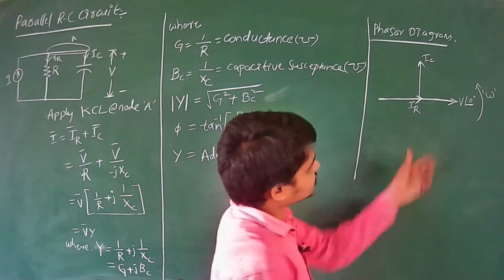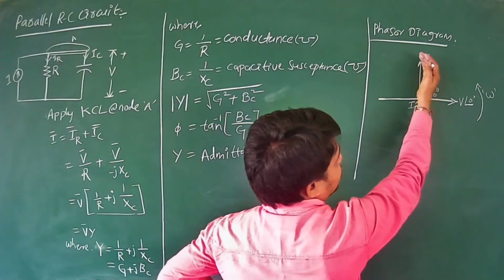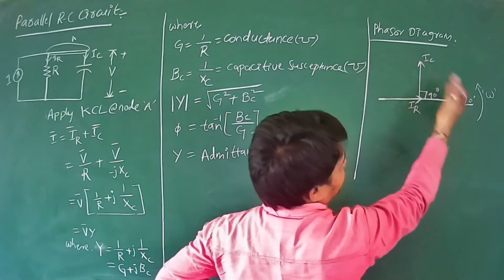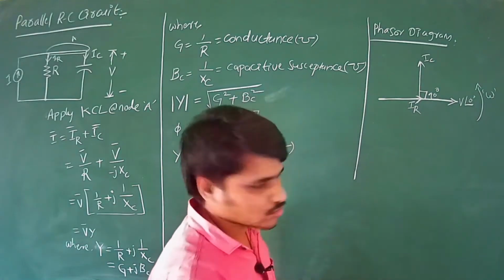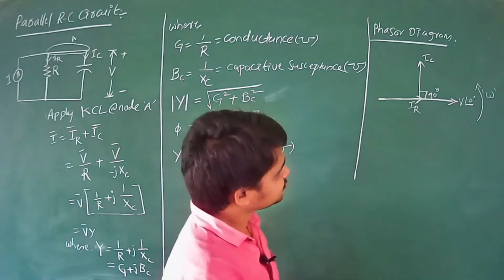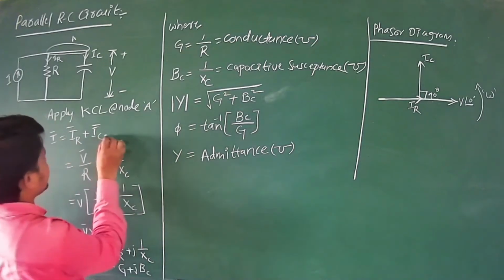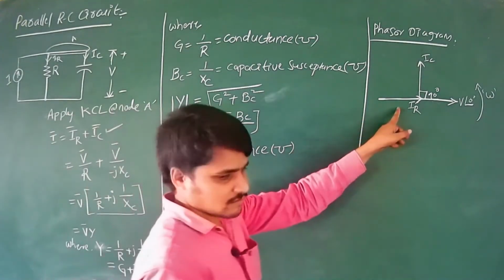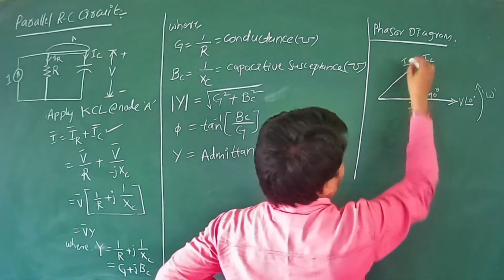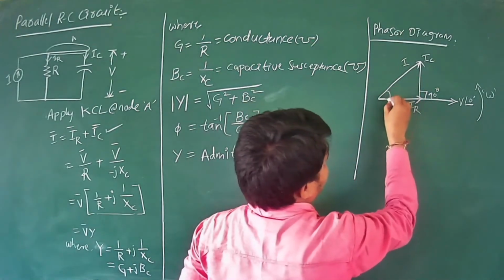After IC, 90 degrees later the voltage comes, so the current is leading the voltage by 90 degrees. Now the phasor sum of IR and IC gives the resultant vector current I. The angle between this current and the voltage V is the phase angle phi.